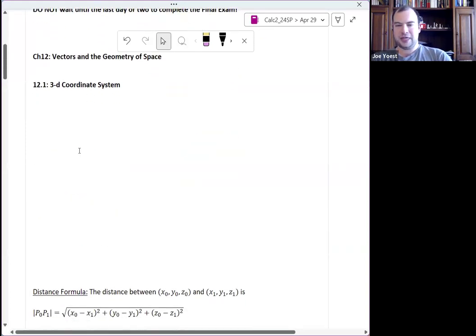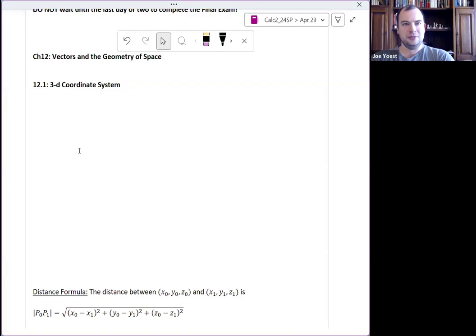Okay, so moving into chapter 12, the 3D coordinate system is what we'll start with. Calc 3 is really what we're leading into here. I mentioned before that this topic used to be part of Calc 3, and some of the integration material that we cover at the end of Calc 1 used to be part of Calc 2.